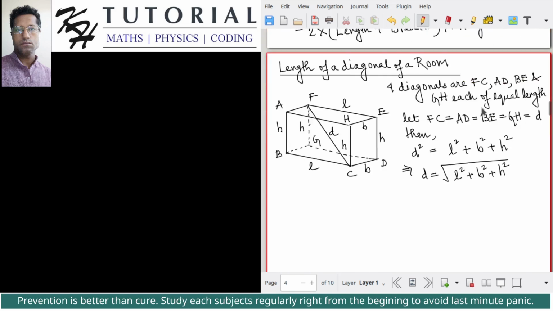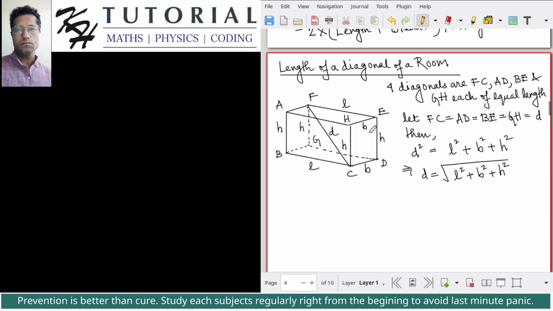The final result that we will study, which is also very important, is this: inside a room, what will be the longest distance between any 2 corners of the room?